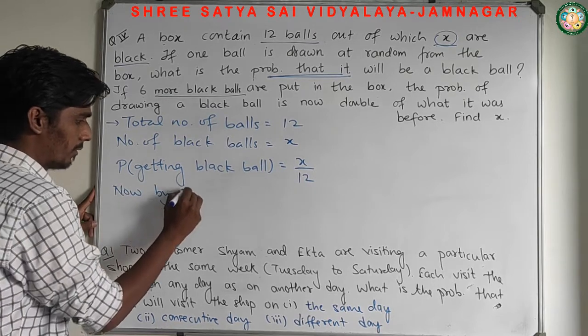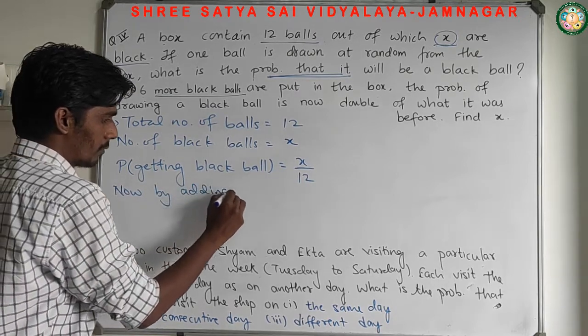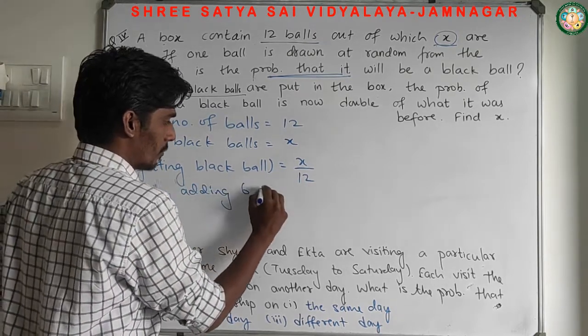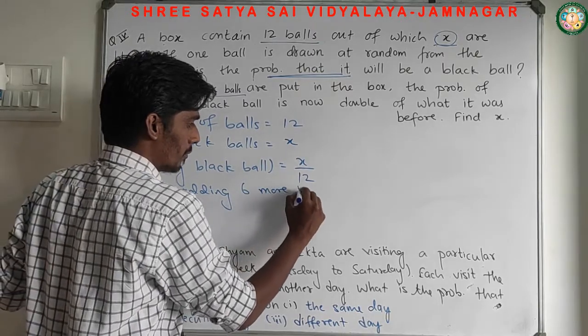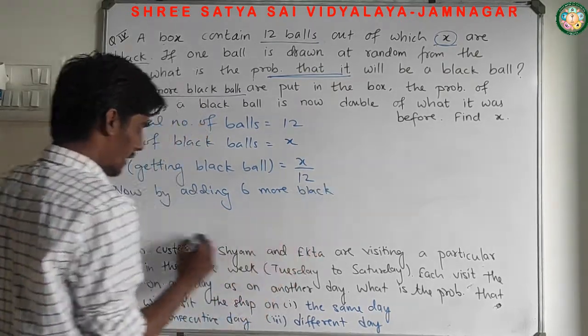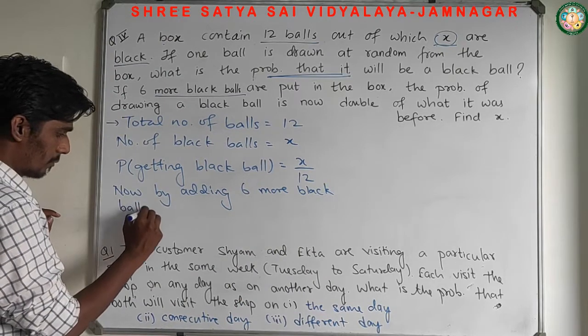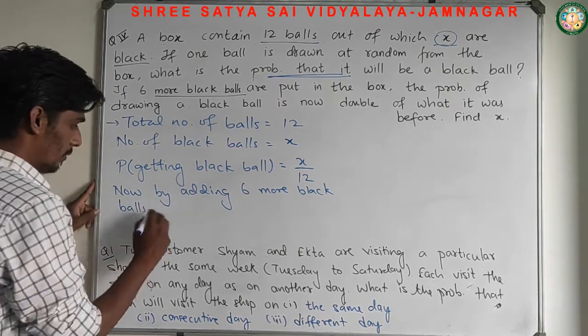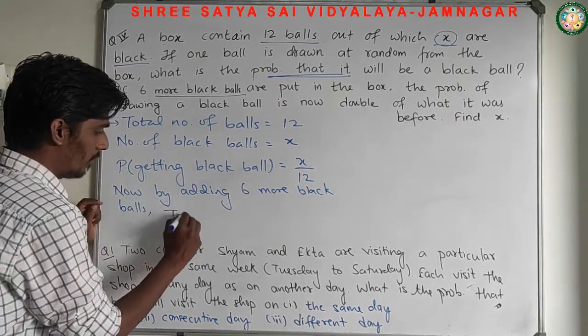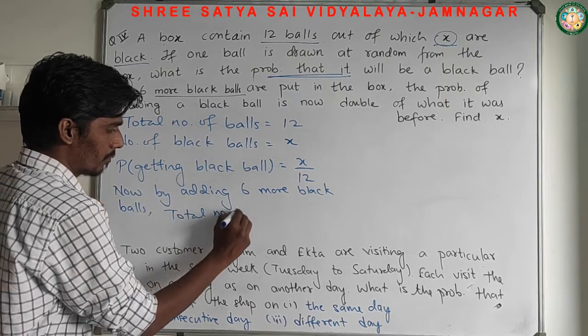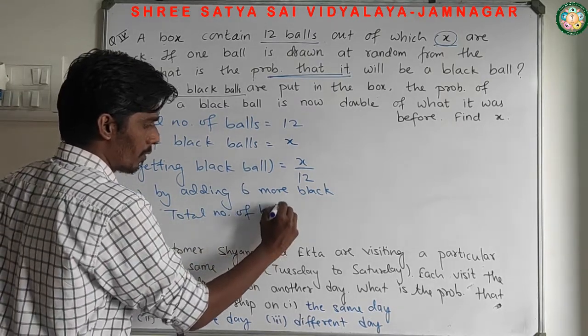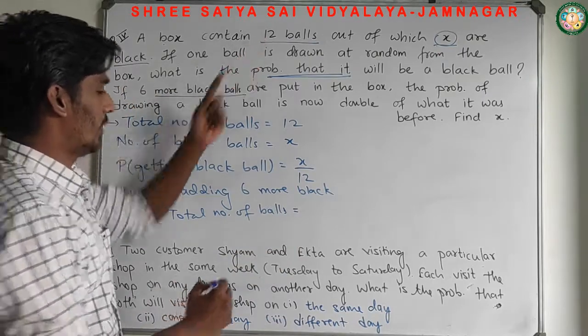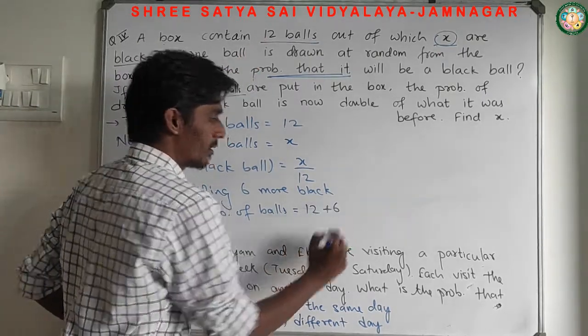By adding 6 more black balls, the total number of balls is 12 plus 6.